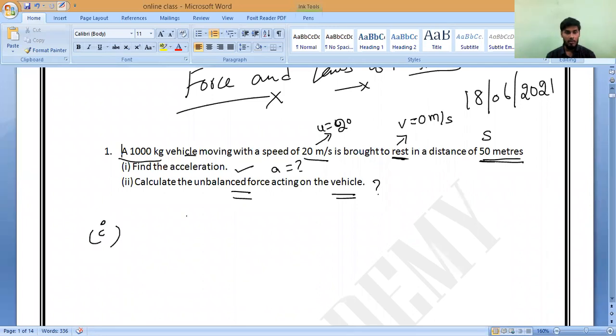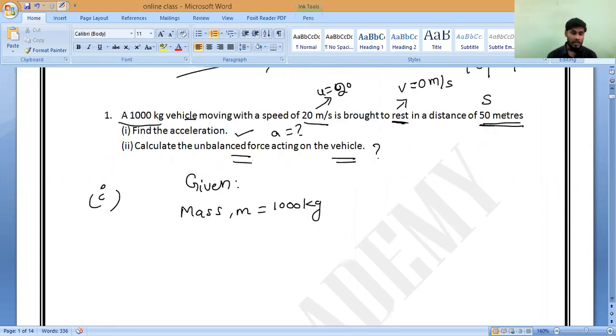First tell me the given data. What is the given data? Mass is equal to how much? 1000 kg. Correct? Next, initial velocity. Initial velocity U is equal to 20 meter per second.